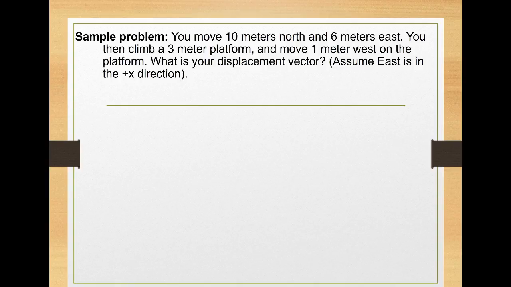Okay, so let's break this up and let's just say that we have upwards like this, and we have east going like this and north going like that. Okay, so we can translate this into unit vectors, i hat, j hat, and k hat.